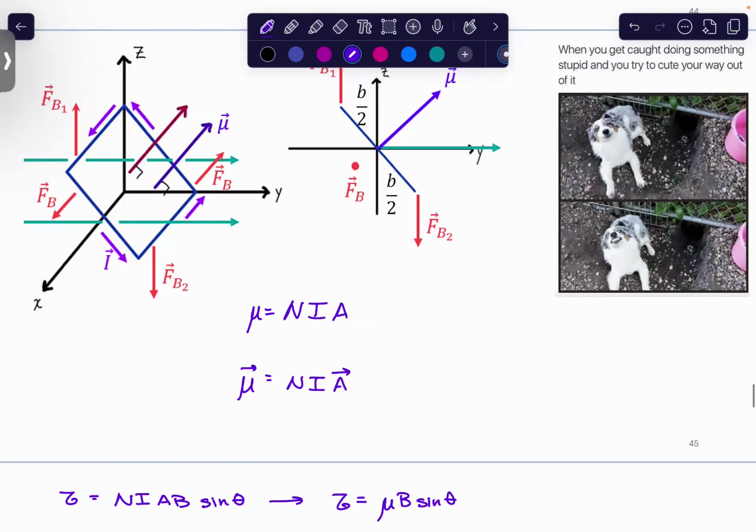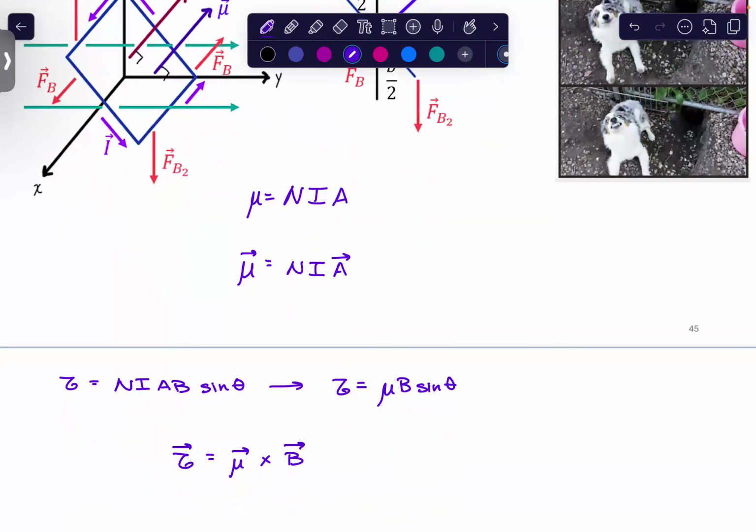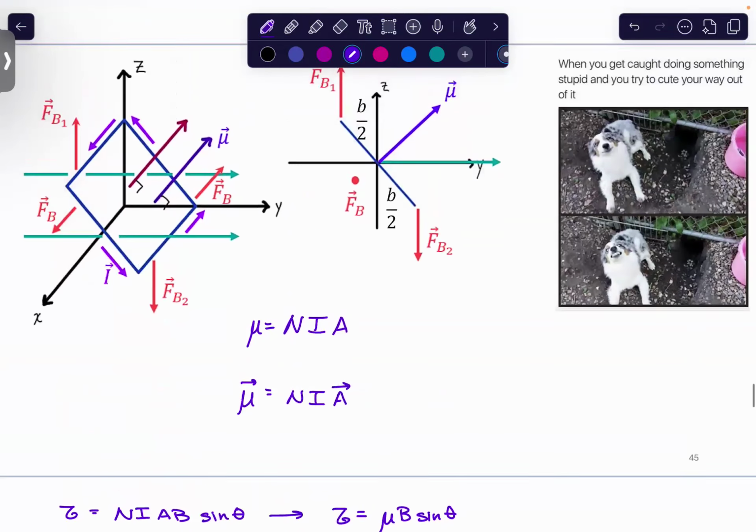As the vector A, the cross-sectional area vector.